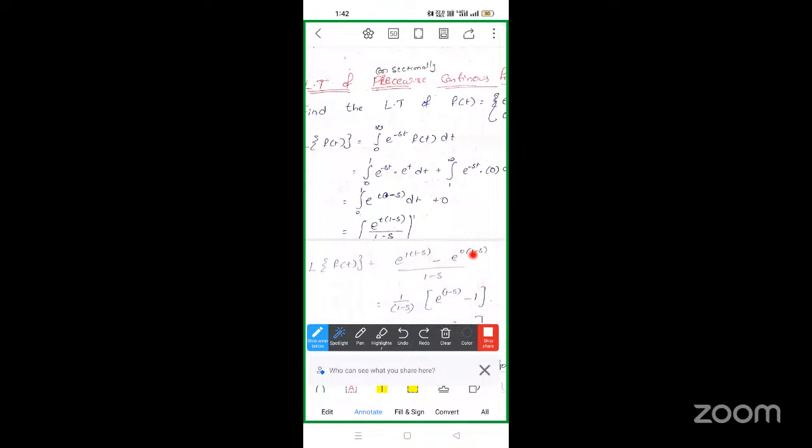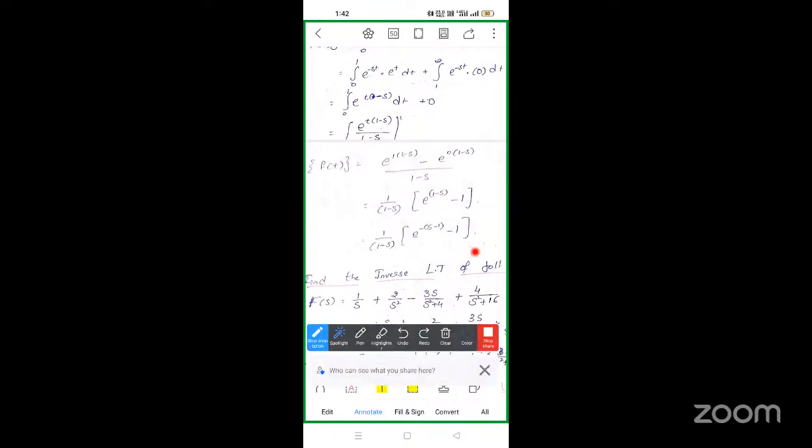So the second term is e power 0. e power 0 is always 1. So 1 by 1 minus s is constant, times e power 1 minus s minus e power 0, which is always 1. So that is minus 1.